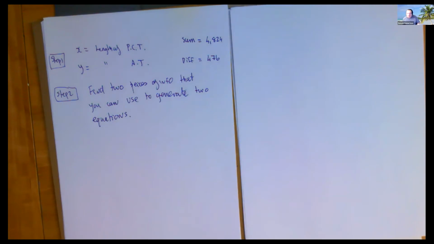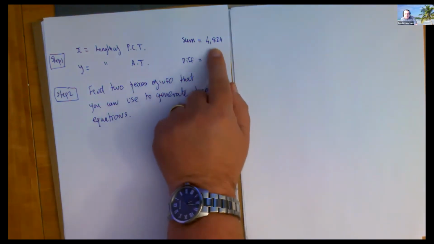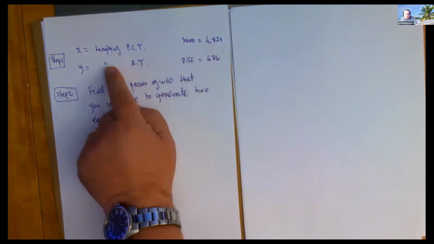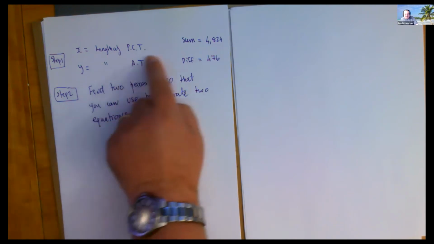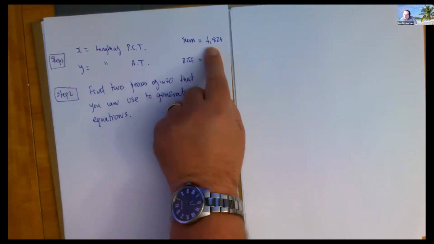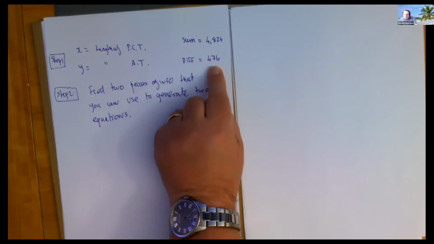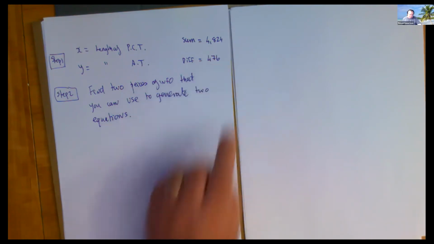Now, in that original story, they told you that the total of both of these added together gave you a sum of 4,824. So that's a piece of information that's going to allow me to generate an equation, right? And then the difference between these two is 476.